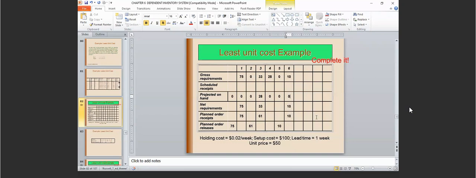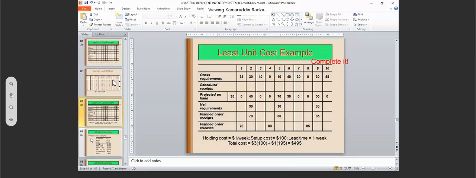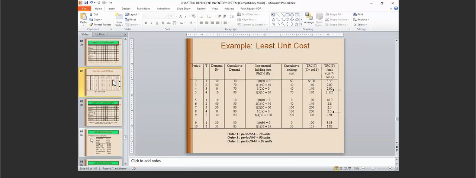So, any question for the least unit cost? We have another example about the least unit cost here.